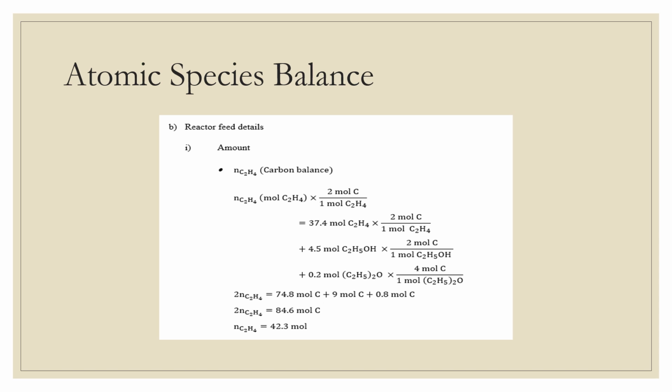At the input, we don't know the number of moles of ethylene times 2 moles of carbon in 1 mole of ethylene, which equals 37.4 moles of ethylene at the output side times 2 moles of carbon present in 1 mole of ethylene, plus 4.5 moles of ethanol times 2 moles of carbon present in 1 mole of ethanol, and plus 0.2 moles of diethyl ether times 4 moles of carbon present in 1 mole of diethyl ether.